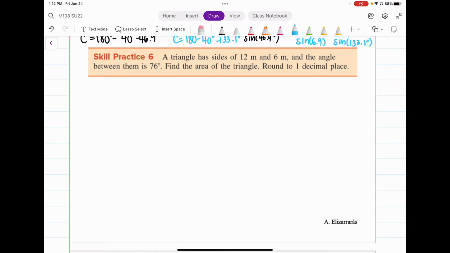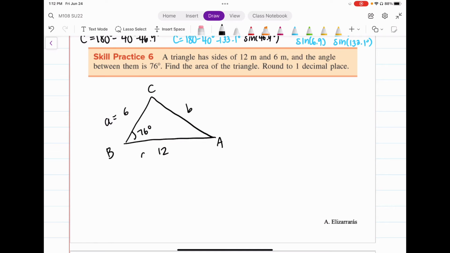We want to now find the area of a triangle. A triangle has sides 12, 6, and the angle between them is 76 degrees. Let's draw that out. If I was to label this, doesn't matter how I label it, let's call it ABC. Then that means that A side is equal to 6, B side is unknown, C side is 12, angle B is known.